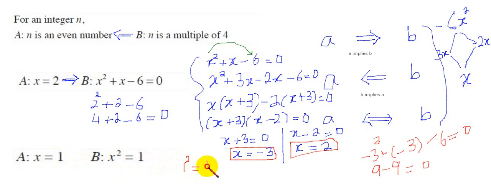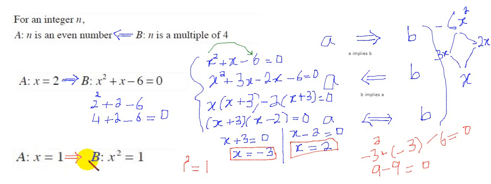So 1 times 1 is 1. So if we put the value of x in this one, A implies B. See, this means if A is true, the value of x is 1, then the statement B is true. So A implies B.